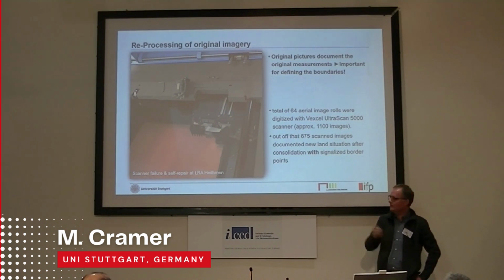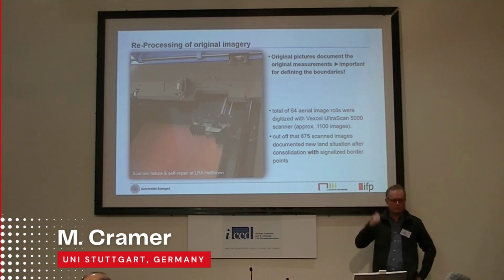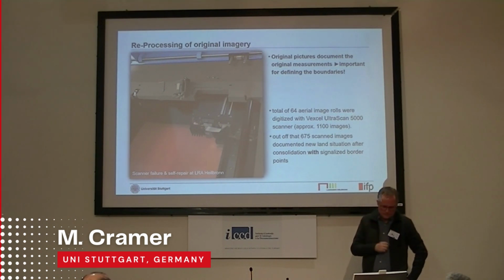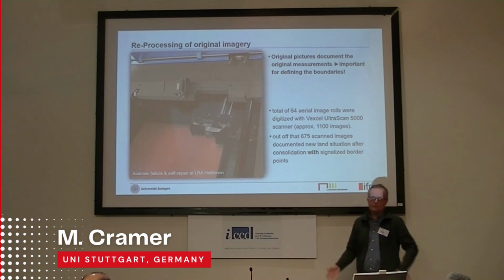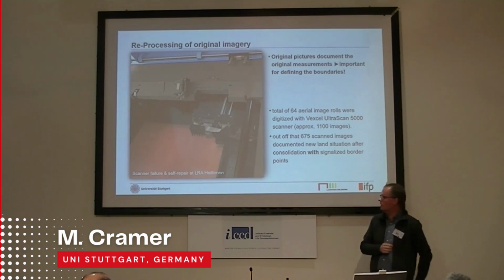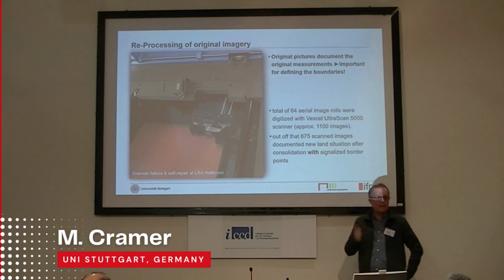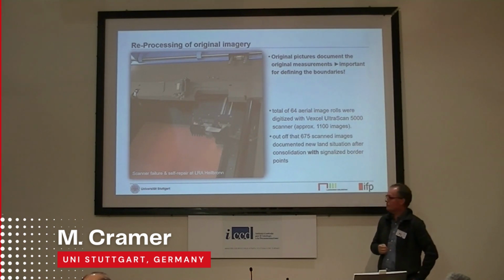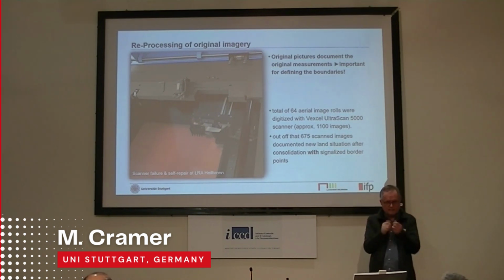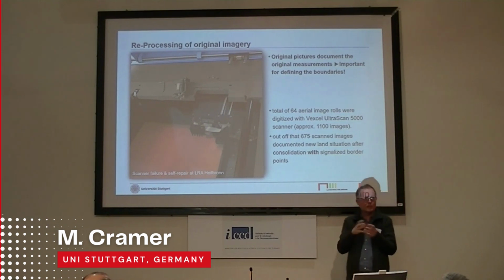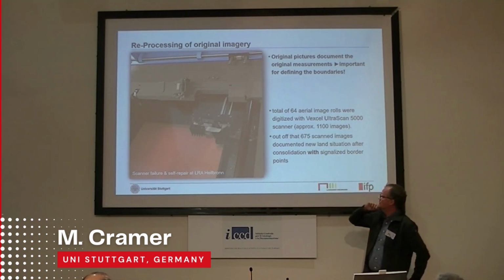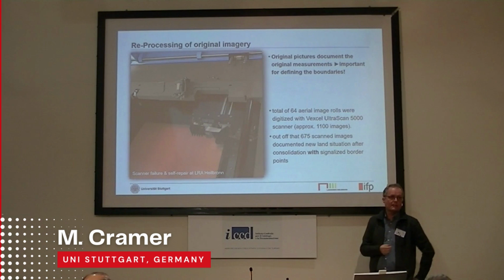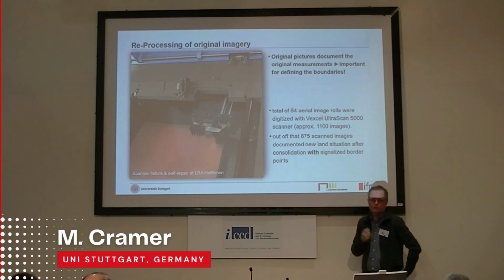This scanner, which you already saw in the presentation of Joachim Schulz before, was delivered to Heilbronn. And then they started to scan, and for sure, as it always happens when you have old materials, there were also some problems. But luckily, there are technical experts who are able to repair the scanner. So the scanner is still working, and they use this old photogrammetric scanner to scan these images.